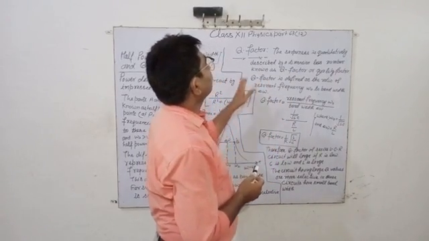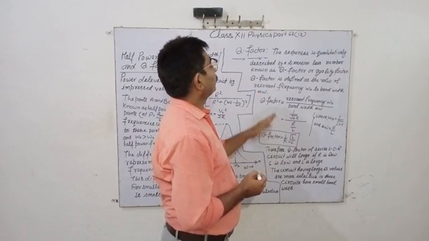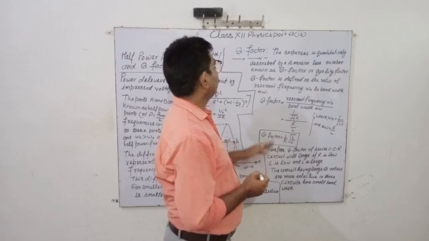The Q factor is defined as the ratio of the resonant frequency omega naught to the bandwidth delta omega.